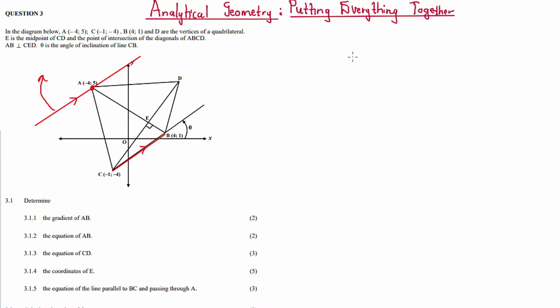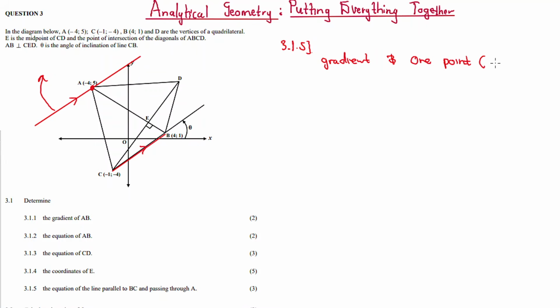Okay, again, let me repeat this. They want us to get an equation of a line. So in order to get an equation for any line, you need two things: gradient and one point.